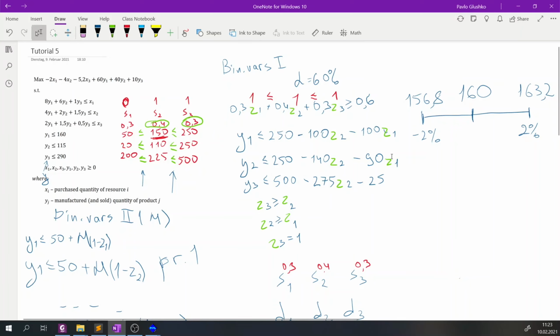So we are asked here to formulate the robust counterpart. The only thing that we need to do is substitute all the mean demands with the lowest possible value of this demand. So it will be 160 multiplied by 0.98, then here it will be 115 multiplied by 0.98, and here also 290 multiplied by 0.98.